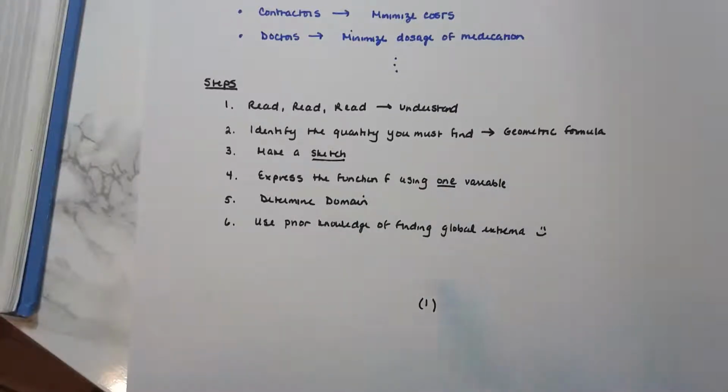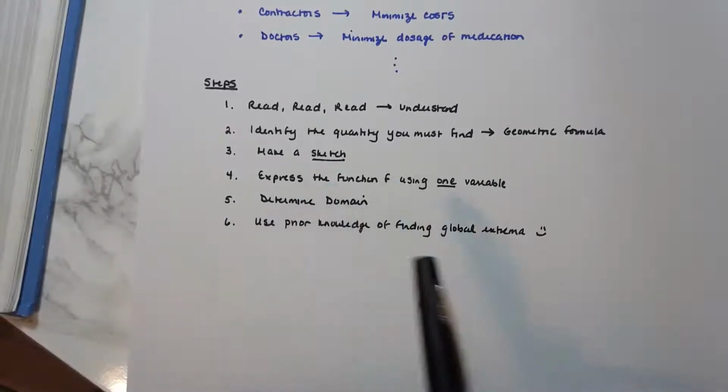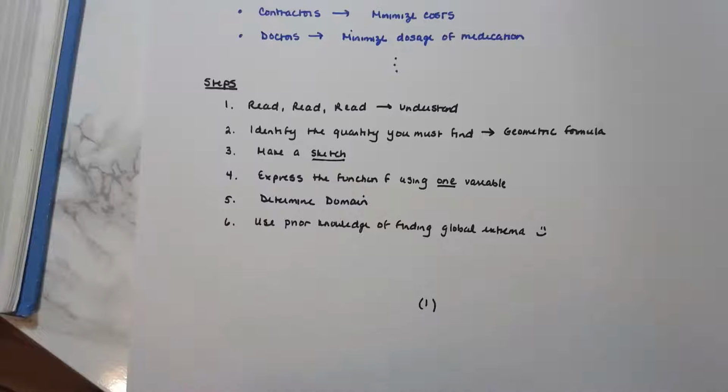I'm going to go crazy again. It helps you to orient if you can make a little sketch real quick, label everything, and it just helps put things into perspective for you. Express the function that you find using one variable only, so like f of x, right? Determine the domain, and then use your prior knowledge of finding global extrema to help you solve for what it is you're looking for.